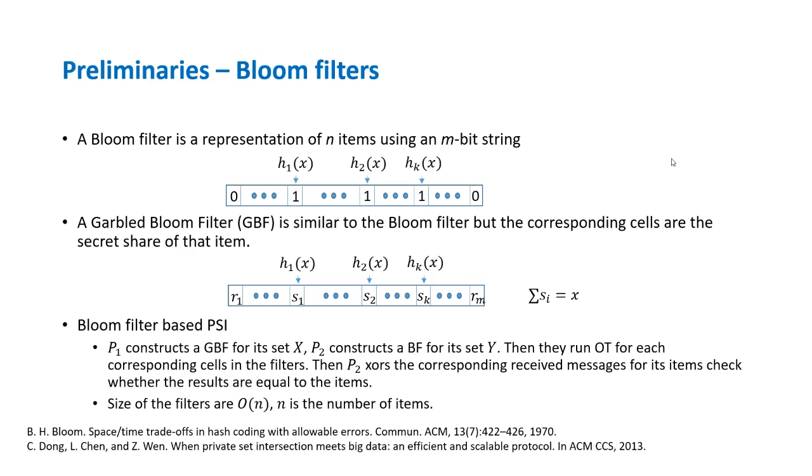And P2 sets the choice bit as the bit in the ith cell in the filter. After the OT execution, P2 learns the secret share if the cell is 1. After running m oblivious transfers, P2 XORs the corresponding received messages for its items and checks whether the results are equal to the items.